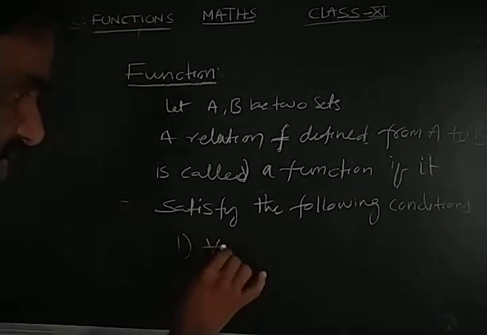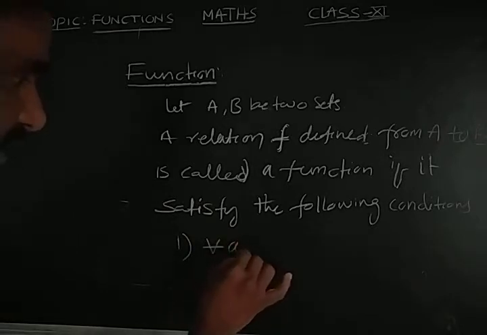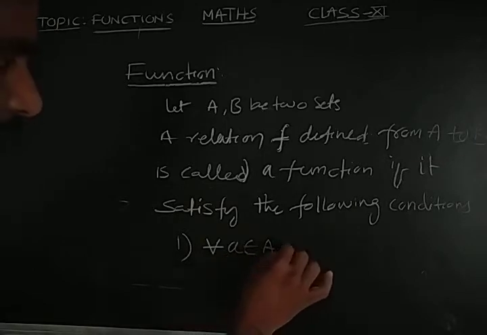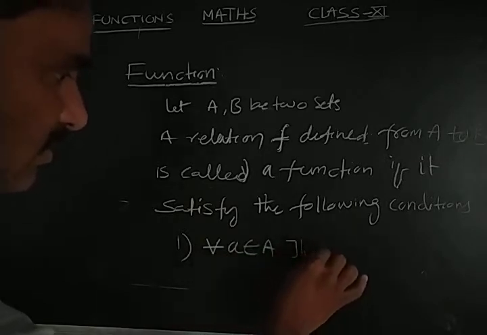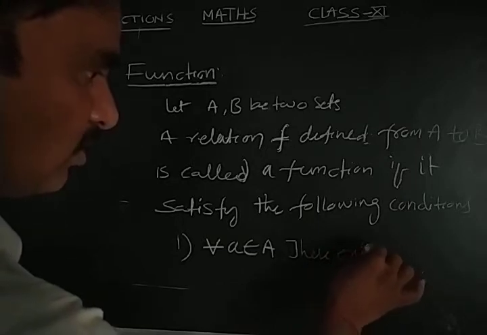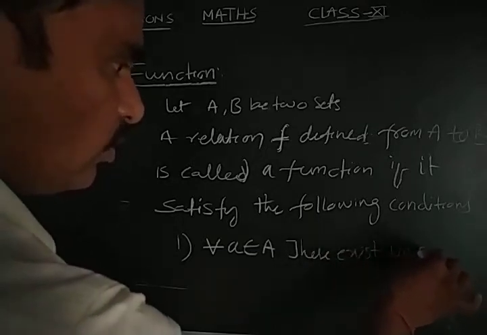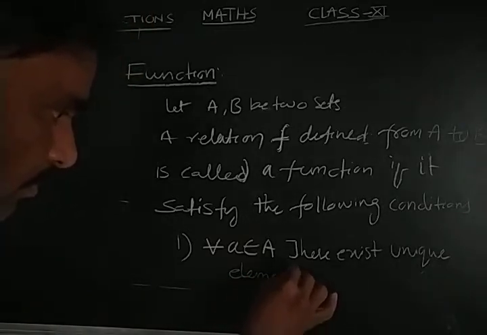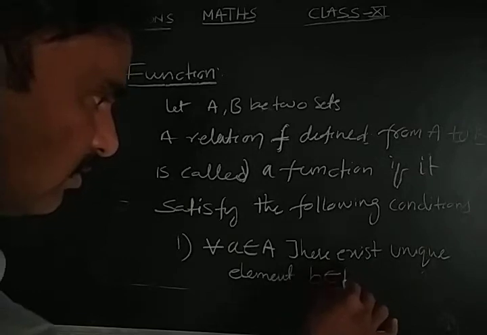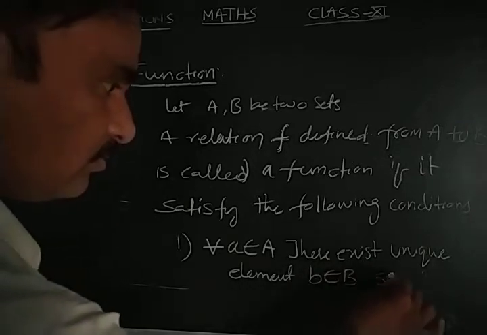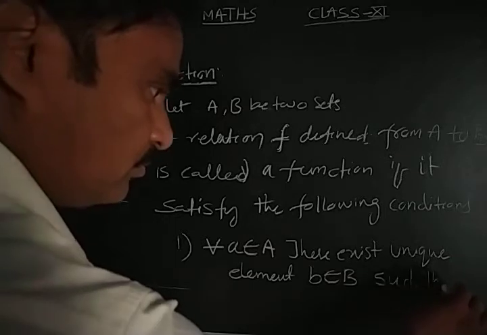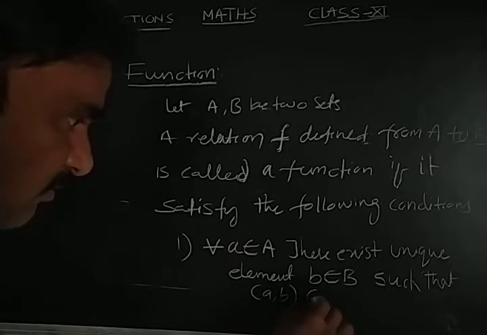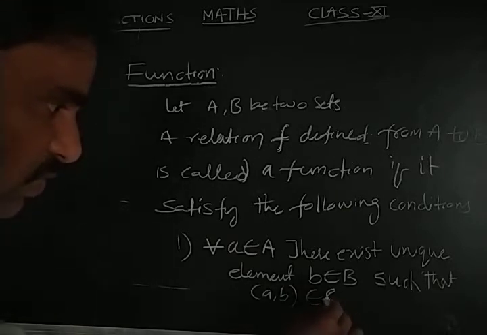For all, this is the symbol for all, elements of domain. What is the domain? A. For all elements of A, there exists a unique element b belongs to B such that (a, b) belongs to F. What is F?